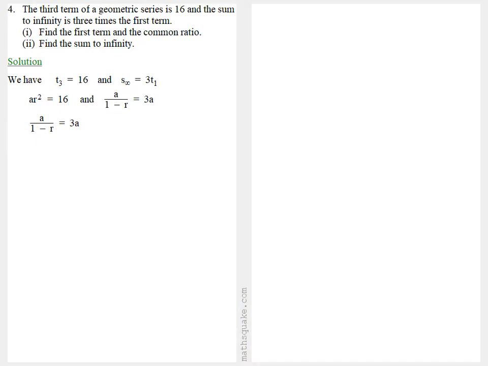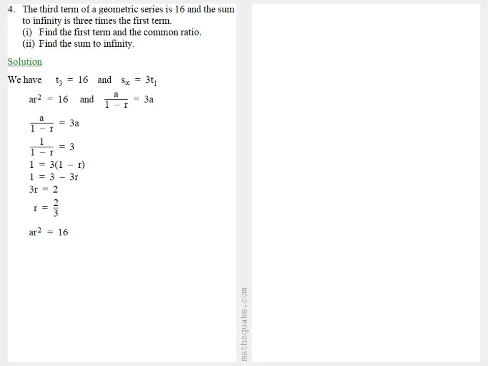So if we consider a over 1 minus r equals 3a, we can divide both sides by a, so 1 over 1 minus r is equal to 3, or 1 equals 3 into 1 minus r. If we expand the brackets, that gives us 1 equals 3 minus 3r, which can be rearranged to give 3r equals 2, or r equals 2/3.